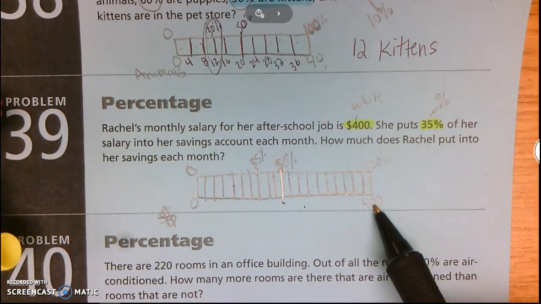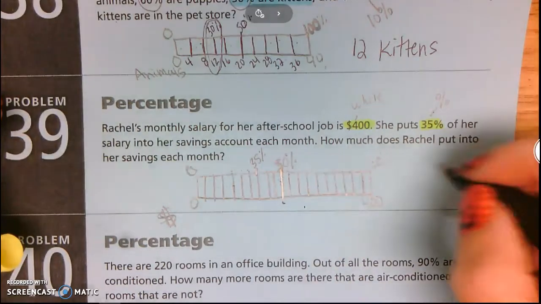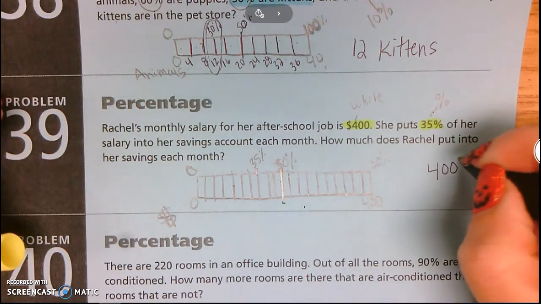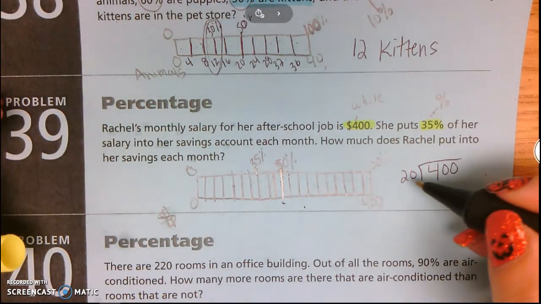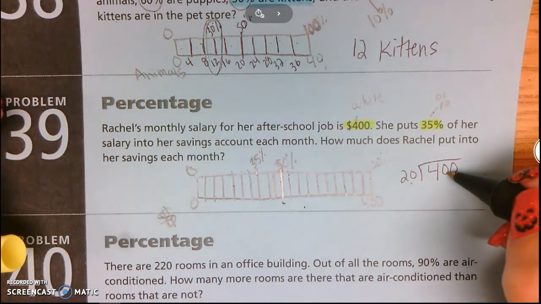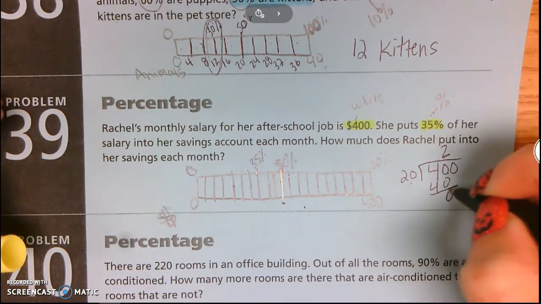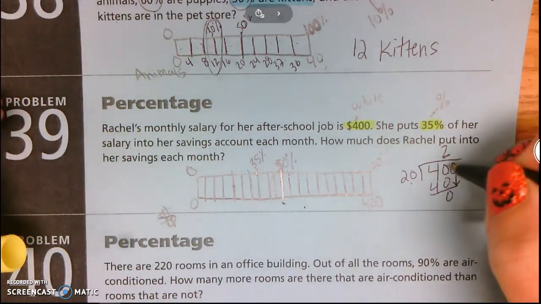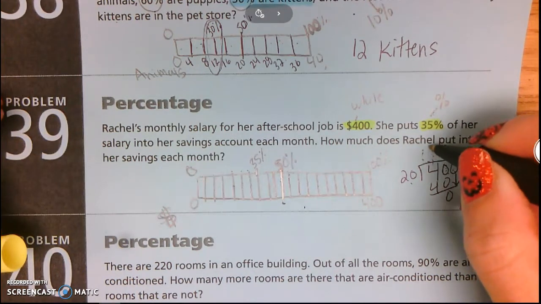All right, then I have 400, which I'm going to have to split evenly between these 20 piles. So I could probably do that in my head, but just to make sure, I'm going to do it off to the side here. How many groups of 20 can I make out of 40? 2. I can't just stop there because I need to have a number above every single number in the doghouse. This, remember, is an imaginary 0.